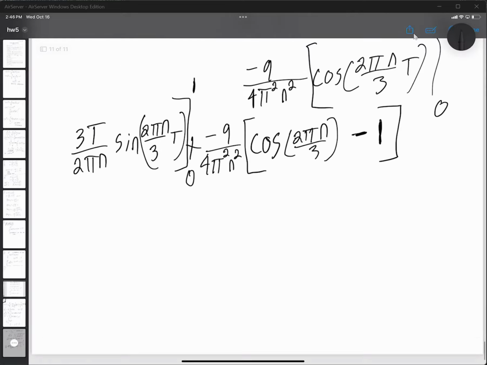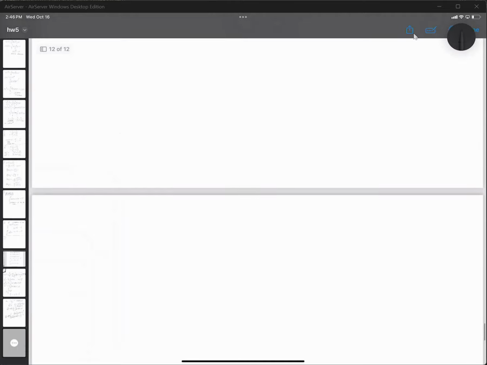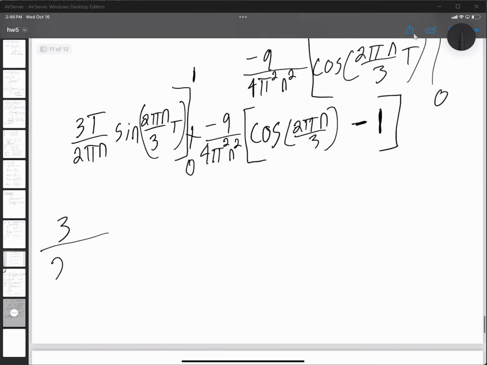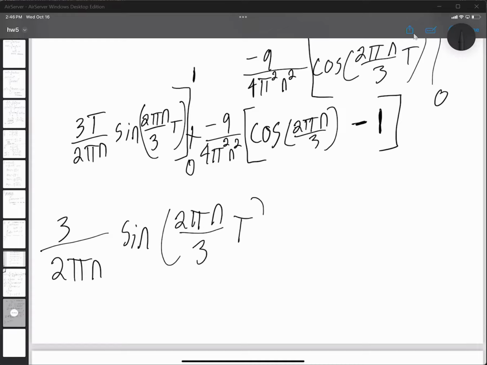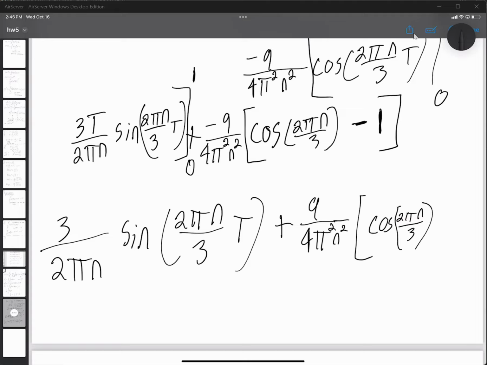And that'll be 3. Then we'll make this a positive here and reverse the order. And this is all multiplied by 2 over 3, the period.